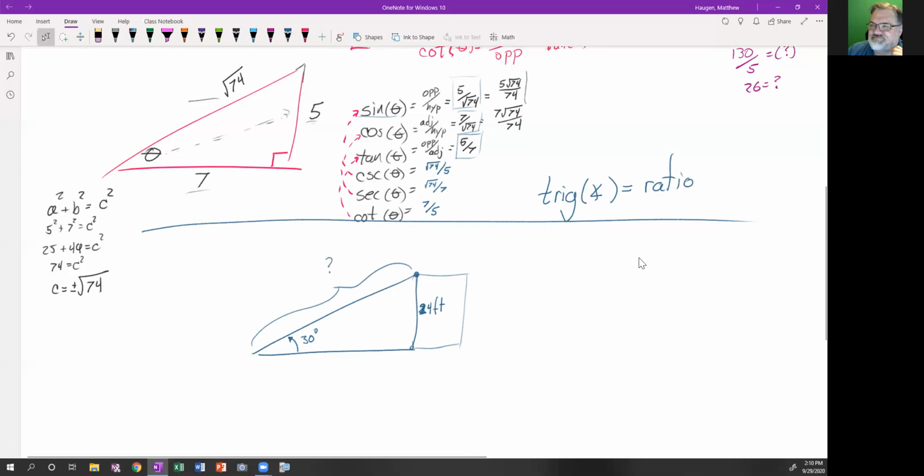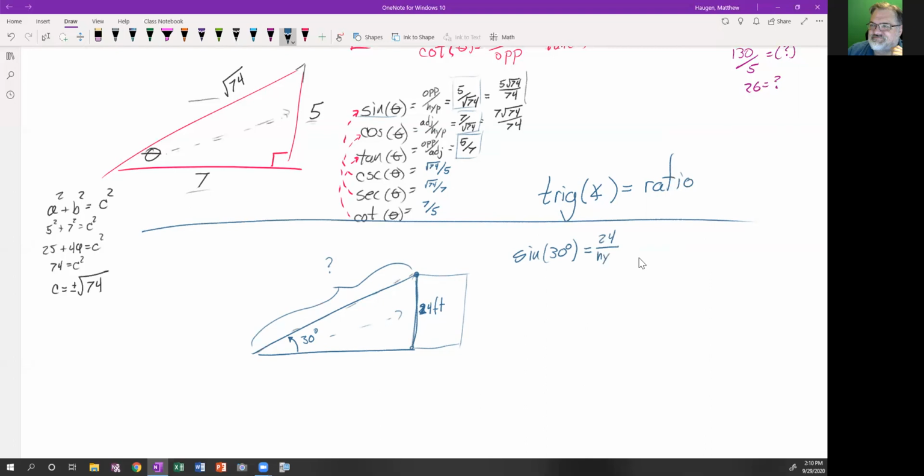Well, that's what our trig functions are supposed to do. We know that the sine of that 30 degrees is going to be the ratio between the opposite side, that's the 24, in ratio to the side we want, this unknown hypotenuse.